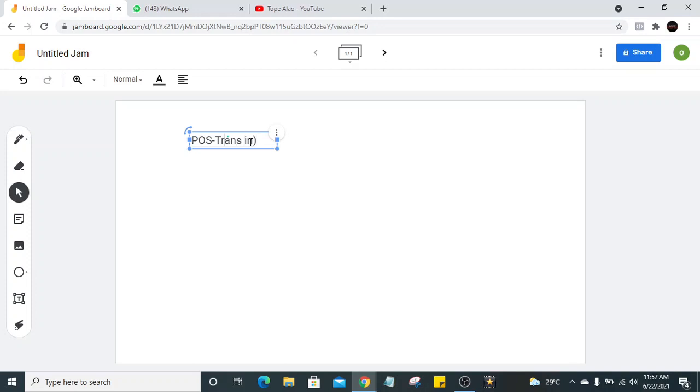So that's POS minus transit. I'm going to show you what all this means, but let me just type the formula out first. Sorry, not minus, plus. That should be plus. Okay, so then put minus.